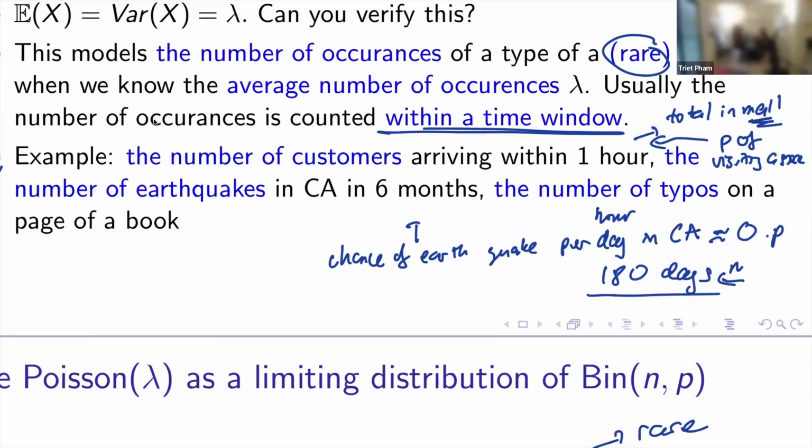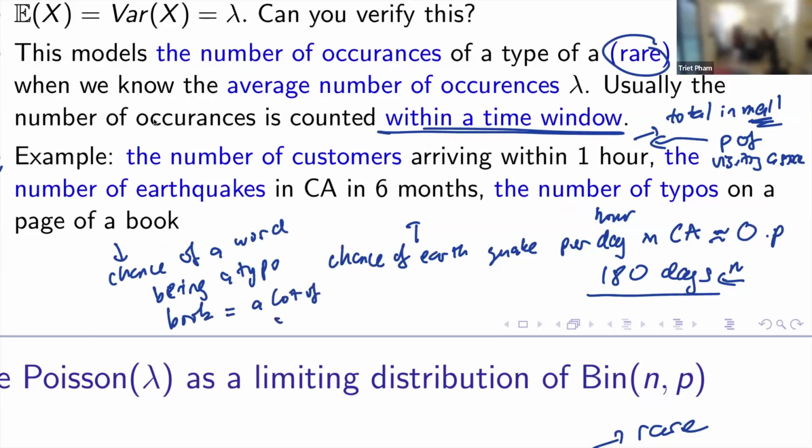Same thing with the typos here. What you're looking at is that the chance of a letter being a typo is small. A word being a typo is small. And then if you look at the book, it has a lot of words, so n is large in that sense.